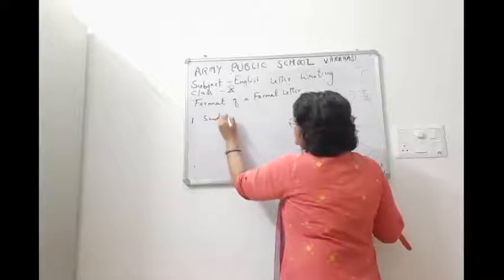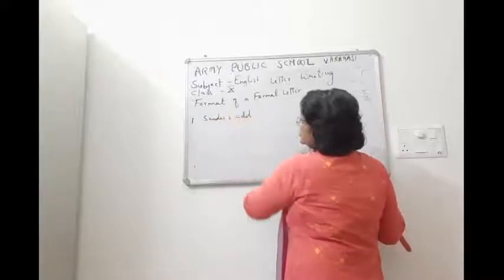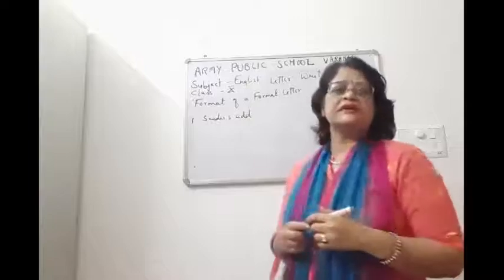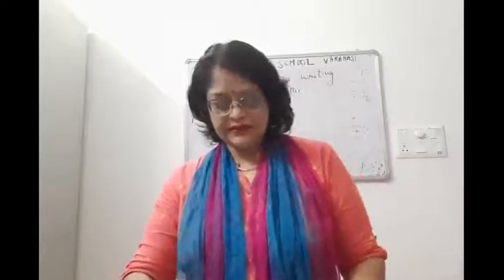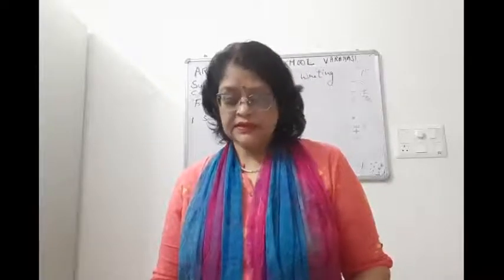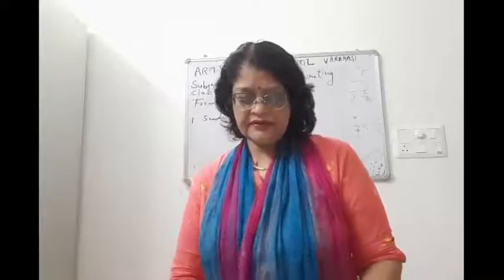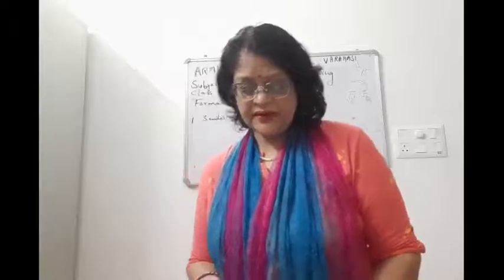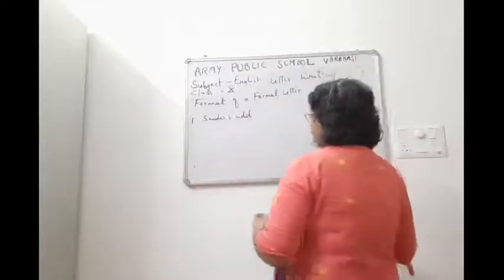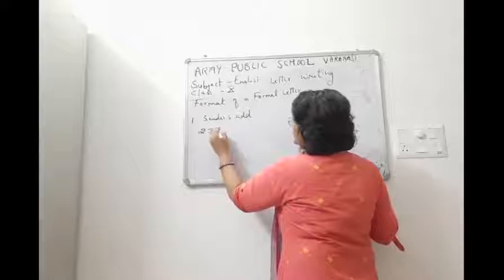sender's address. Okay, the person who writes the letter is the sender. Okay, the complete address of the sender is written on the top of the page on the left hand side. And one thing, there is no punctuation mark in the sender's address, like 237.